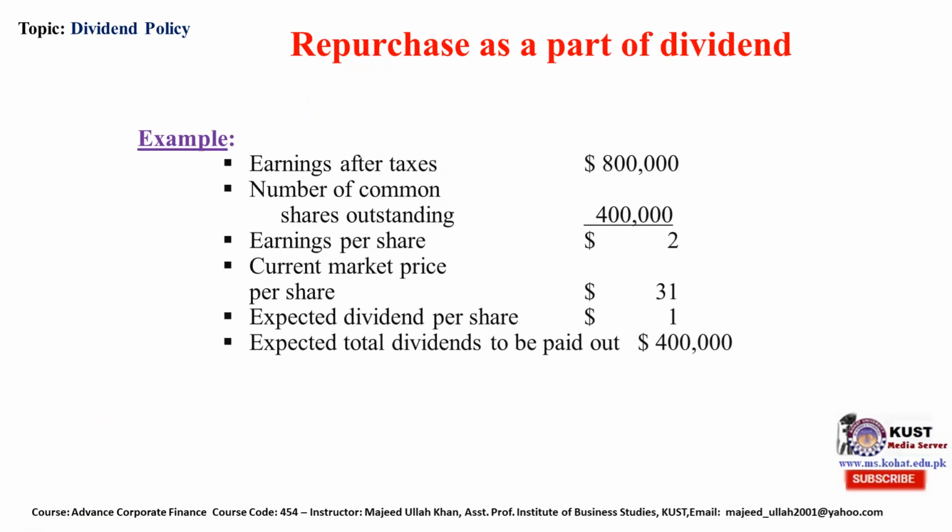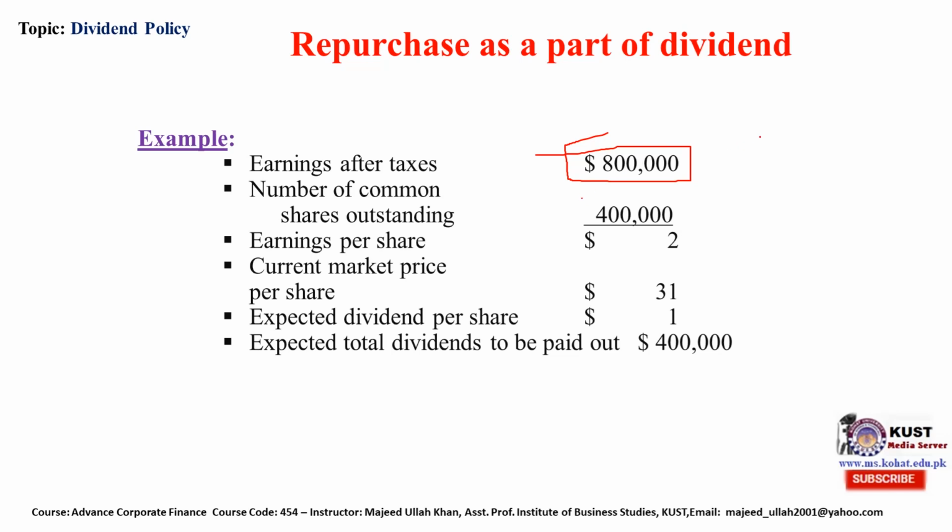Let's suppose the company wants to give a dividend to the shareholders. Let's suppose the company has earnings after taxes, meaning taxes and everything have been paid, of $800,000, and the number of outstanding shares is 400,000.